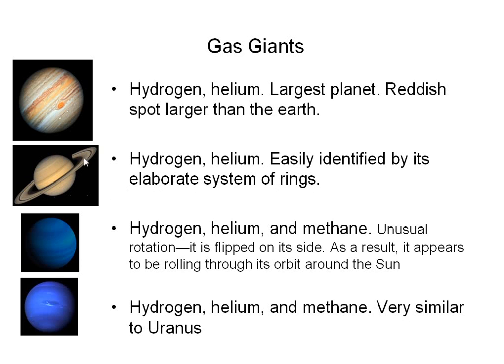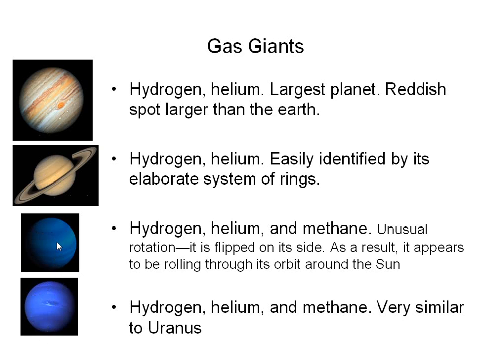Okay, and how about the atmosphere of this planet? It also consists of hydrogen and helium. So actually all these gas giants have hydrogen and helium, so they are actually similar. Okay, but Saturn is more similar to Jupiter.